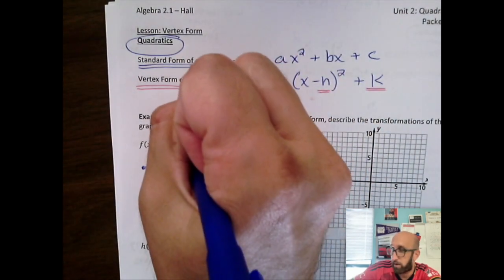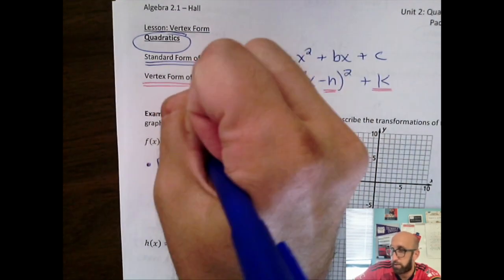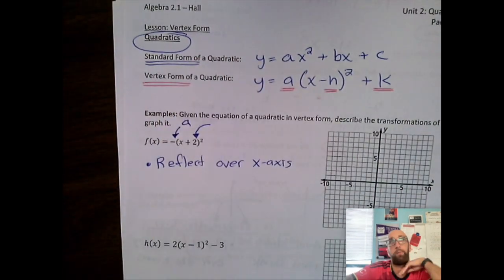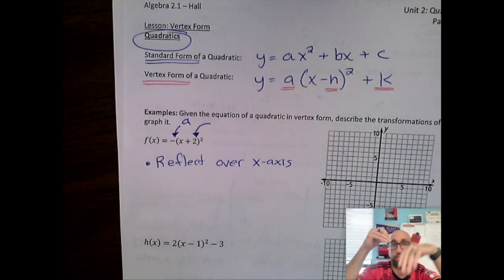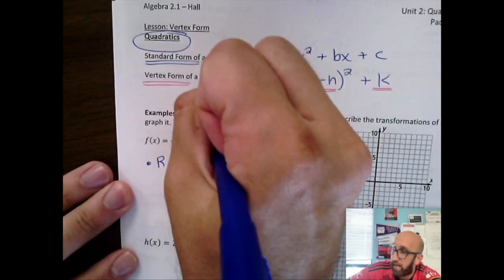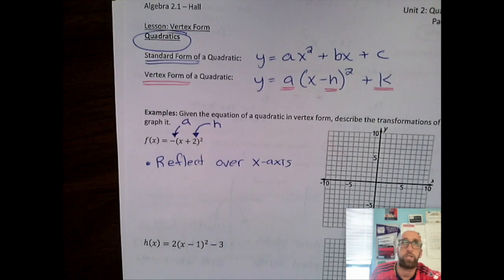The second number I need to explain is that 2 right there. First off, where's it located? It's located inside of parentheses. So if it's inside of parentheses, is it A, is it H, or is it K? Because we're inside of parentheses, that is H. From what I remember about H, it could slide us left and right, but it works in opposites.